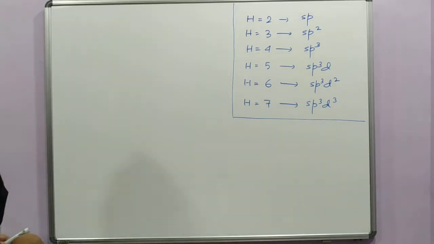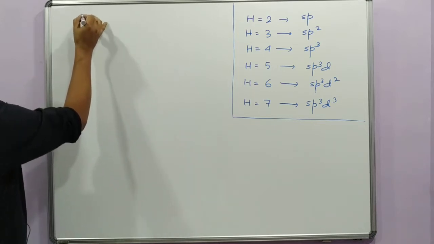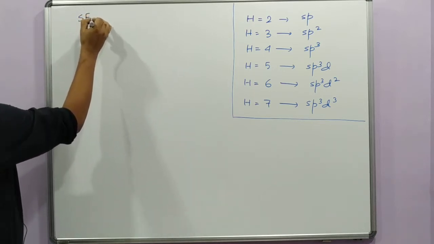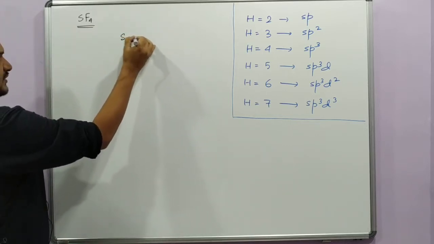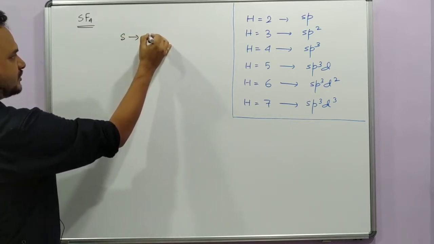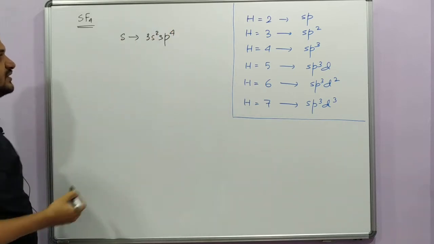Next, take another example, sulfur tetrafluoride, SF4. The central atom is sulfur, the valence shell electronic configuration is 3s2 3p4. It is just below oxygen in the periodic table.